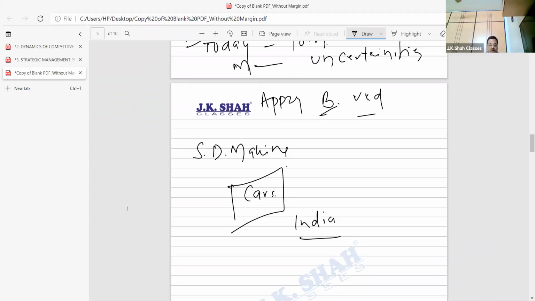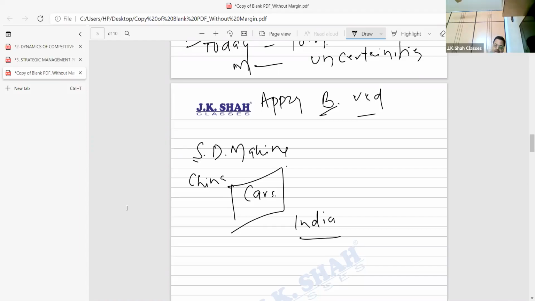So can we get the car made in China? So you are left with 2 options, and then you select a particular option. Selecting the option which you feel will be the best is called strategic decision making.